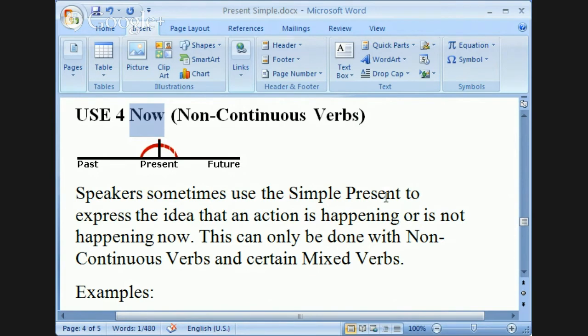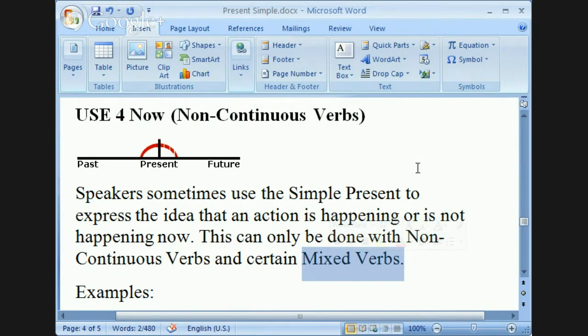Now, the simple present is used to express that an action is happening or is not happening. Because in English we have some verbs which are known as non-continuous verbs, they cannot be used with the ing ending. They cannot be used in continuous tenses, past, present, or future. As well, we have something called mixed verbs.